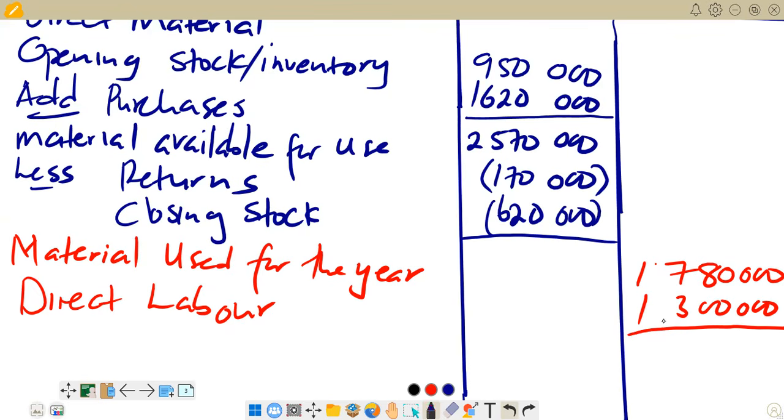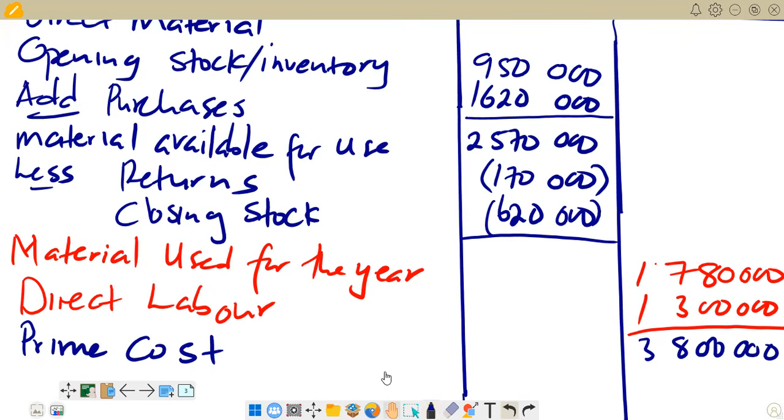We add 1,780,000 plus 1,300,000. You are going to get 3,080,000. So this figure is going to represent our prime cost. So that's what we have there in terms of a calculation of prime cost.